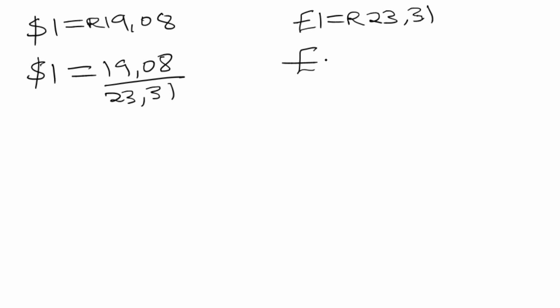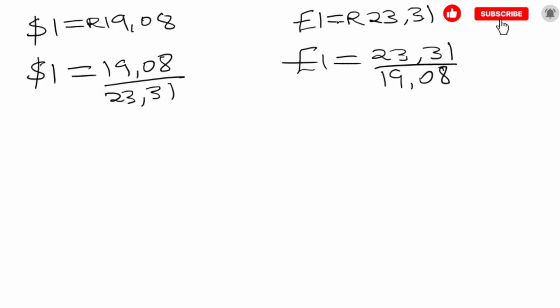This side is for the pounds. Then we'll have 23.31 divided by 19.08. So what is happening here is that I am taking this 19 and dividing by this 23. Now I take this 23 and divide by that 19. That is exactly what is happening.